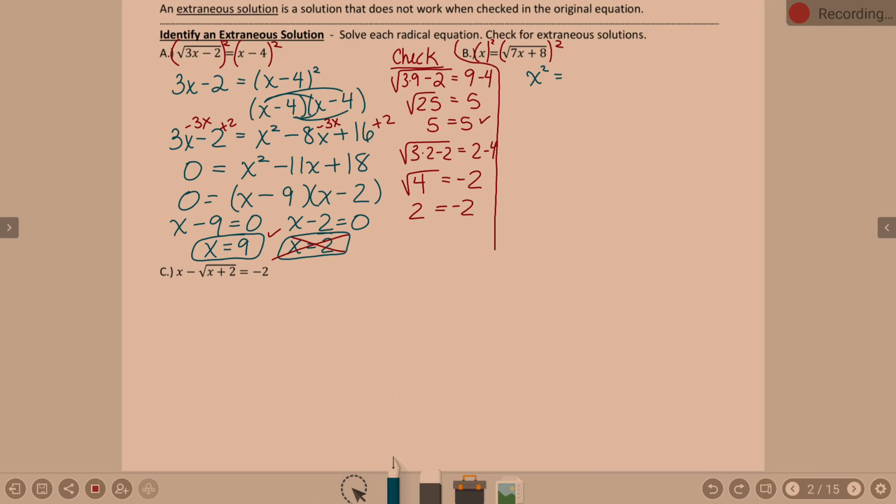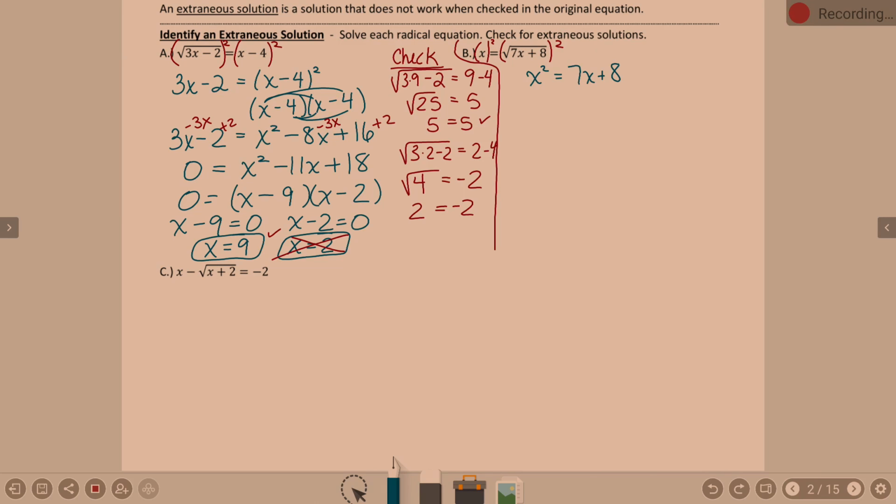When I square the square root of 7x plus 8, I'm going to have 7x plus 8. You square the square root, you get whatever's under the radical. Okay. I got rid of my radical. I've accomplished that goal. What's next?